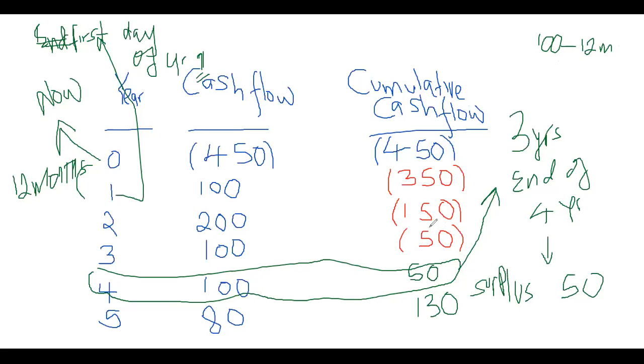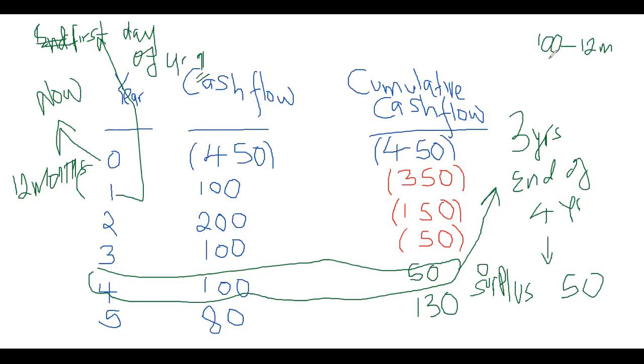All you needed was just a 50 to pay back. You didn't need this whole 100. If you get the 50 here in year 4, you are going to have 0 here, isn't it? Yes, coach.